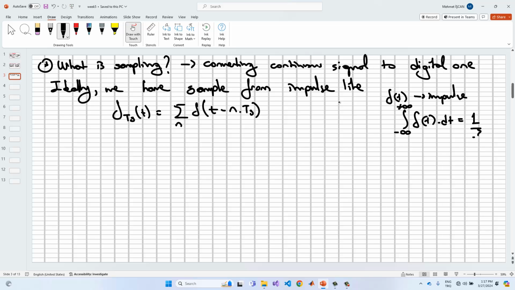Okay. And so, this is the unit area. And so, we can use the impulse signal in order to obtain the specific time value from the x signal.